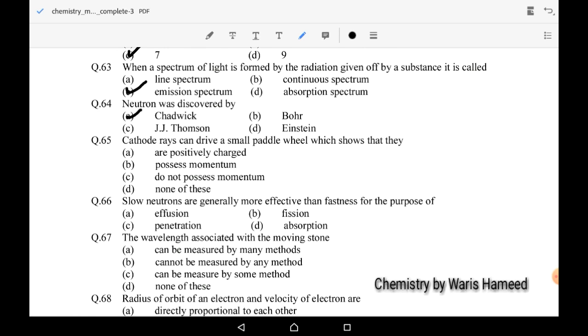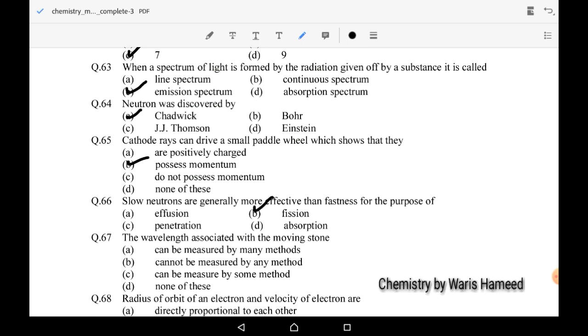Cathode rays can drive a small paddle wheel, which shows that they possess momentum. Slow neutrons are generally more effective than fast neutrons for the purpose of... These are very effective for nuclear reactions, and so correct option is B, fission reaction.